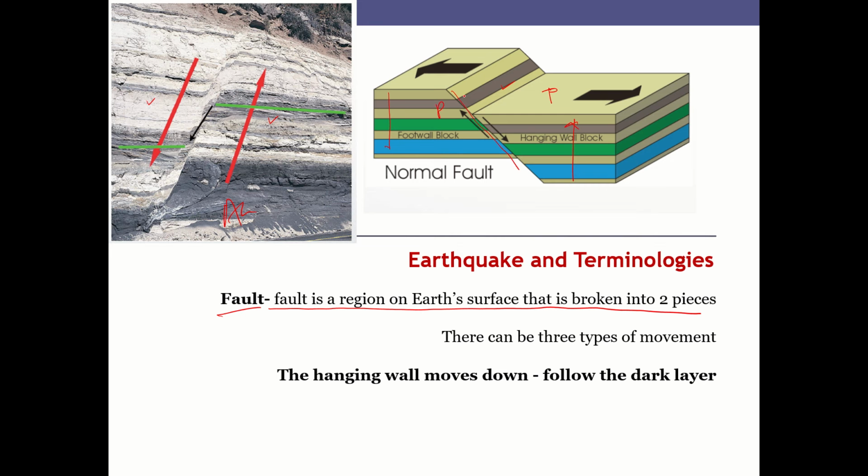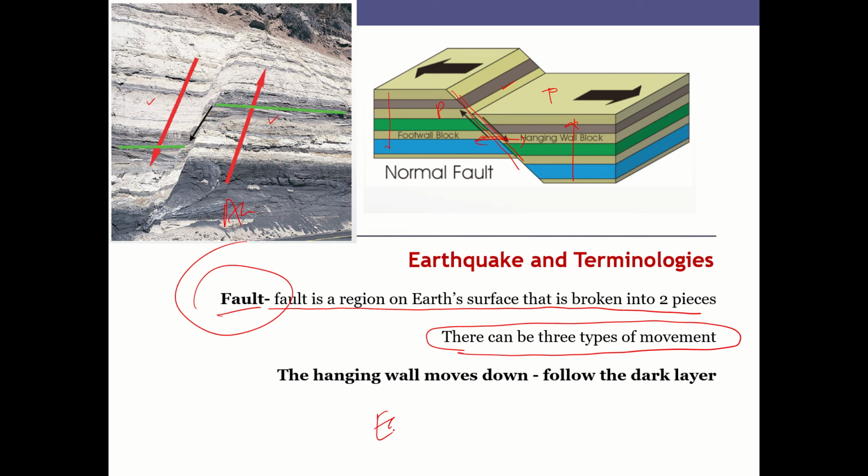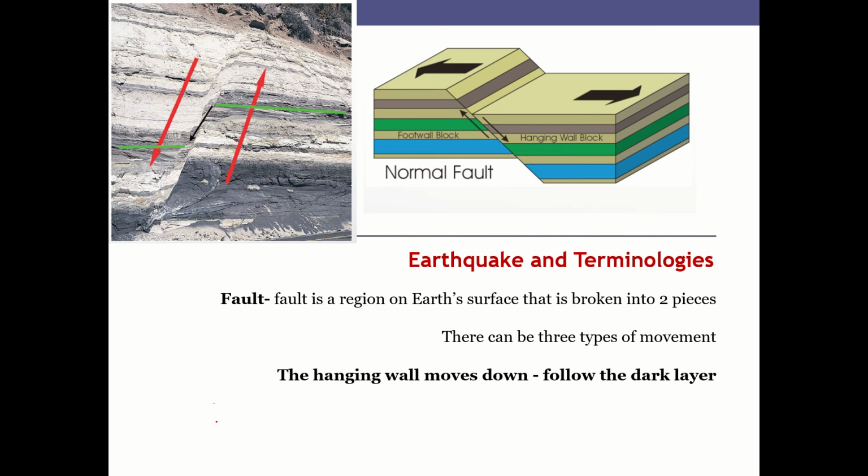However, there is a distinct line between these two plates that is called the fault line. And there are three types of movement that are observed theoretically because of an earthquake. There are three ways in which the earth can move. The first one I have put here. Normally I could have put it in the next slide. Anyway, the first one is normal fault.